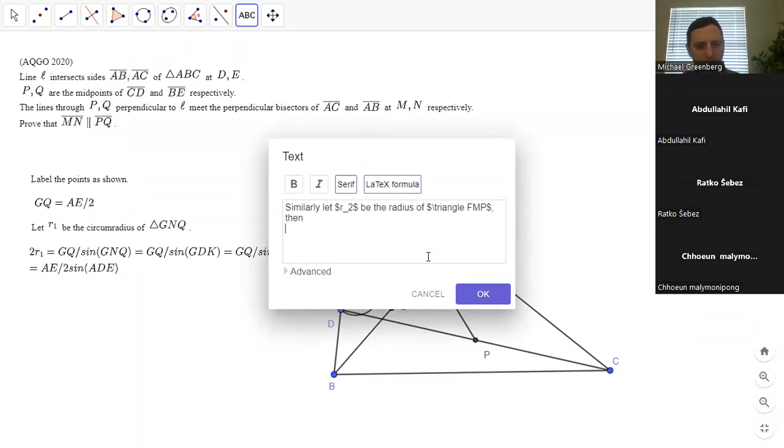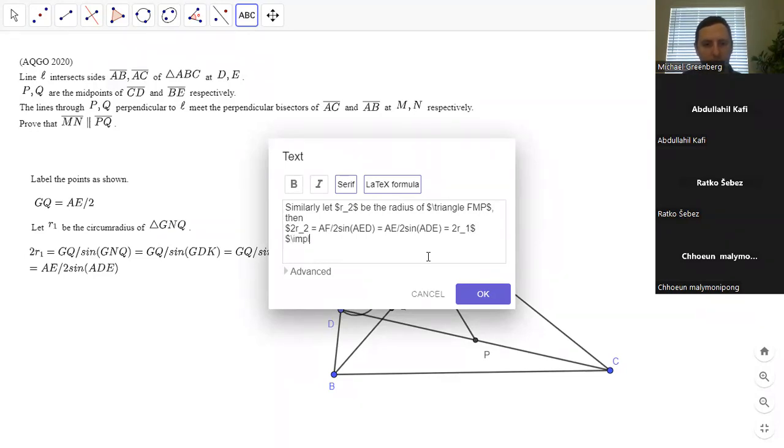Then 2R2 is equal to AF over 2 sine of AEB, which is equal to AE over 2 sine ADE, which is equal to 2R1.